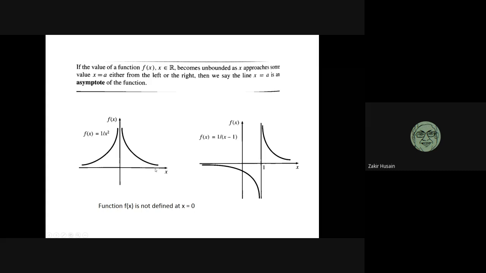Similarly, when we are reducing the value of x and x approaches 0, the value of y equal to f(x) increases, but it never touches this vertical axis. So in other words, the function becomes unbounded as we approach x equal to a.